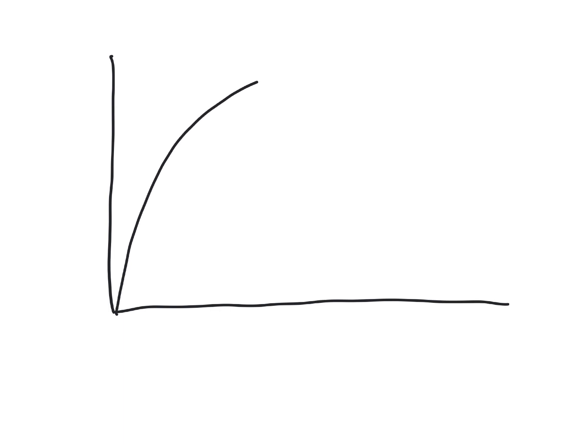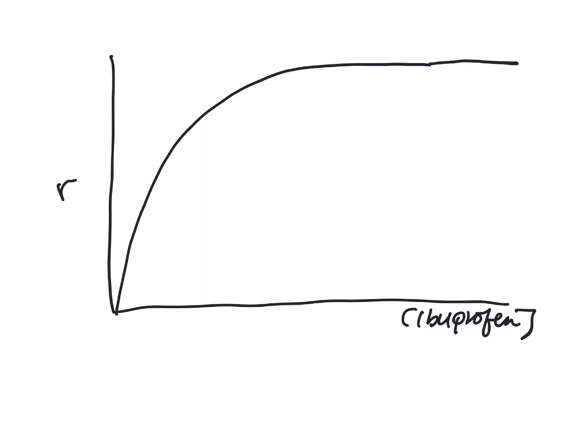Another important connection that we can make is with this concept of binding and the quantitative value of binding. If we go back to our hyperbolic graph, where this is ibuprofen binding to serum albumin, so R 0 to 1, amount bound.